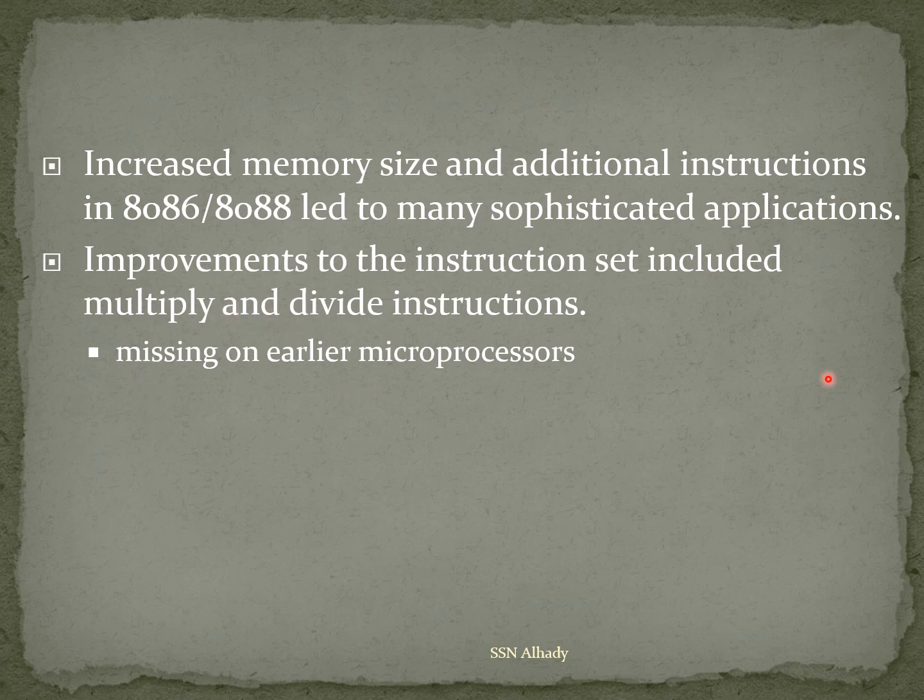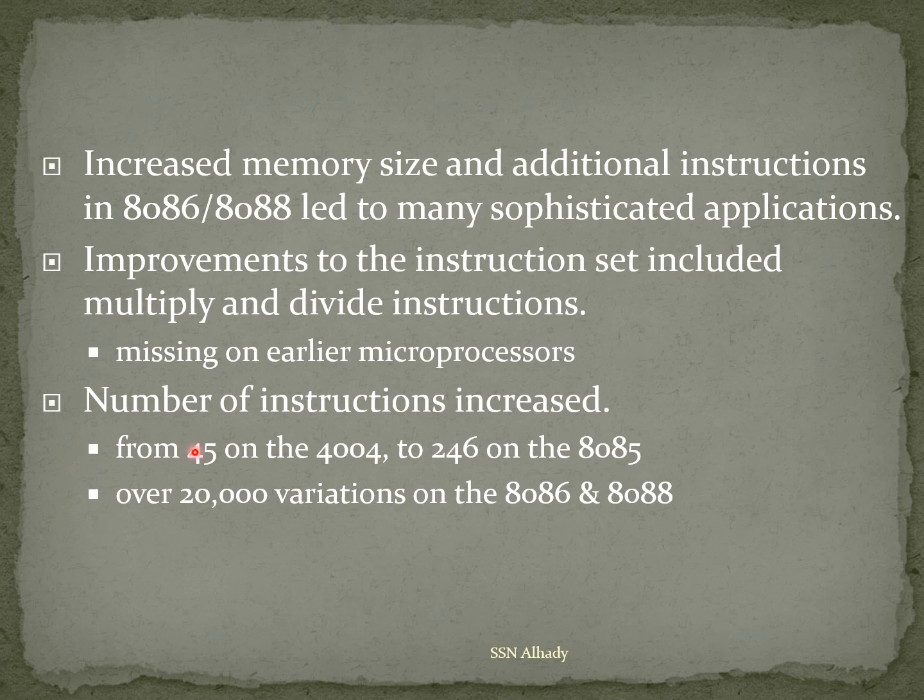In the previous microprocessor, you needed to add in order to do multiplication and subtract in order to do division. The number of instructions also increased: 45 for the 4004, 246 for the 8085. Here in the 8086 it becomes 20,000 variations, 20,000.